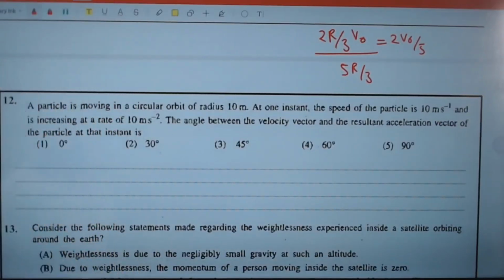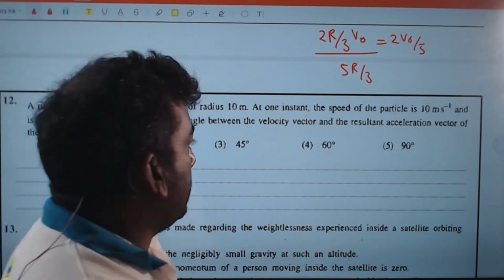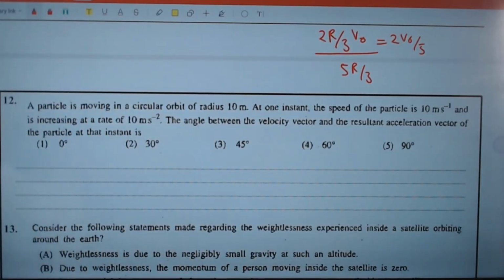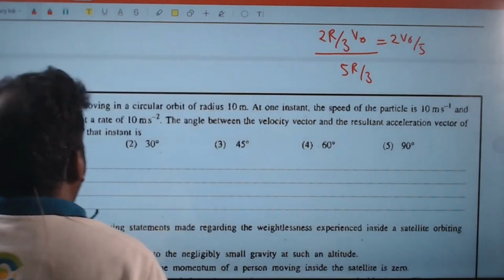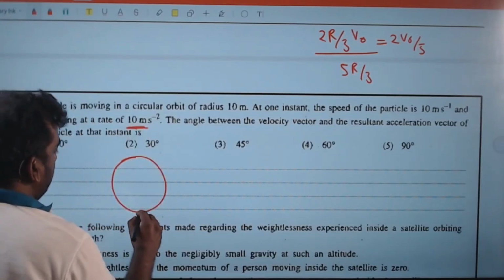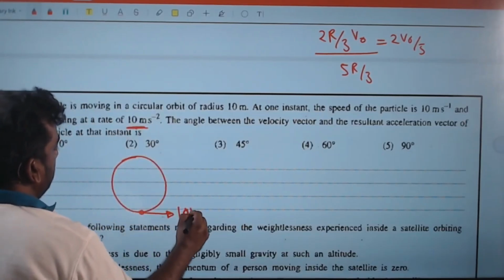A particle is moving in a circular orbit of radius 10. At one instant, the speed of the particle is 10 meters per second, increasing at a rate of 10 m/s². What is the angle between the velocity vector and the acceleration? Now, increasing means there is a tangential acceleration.